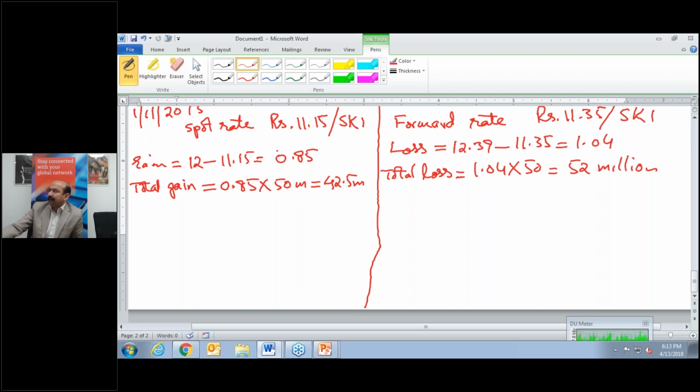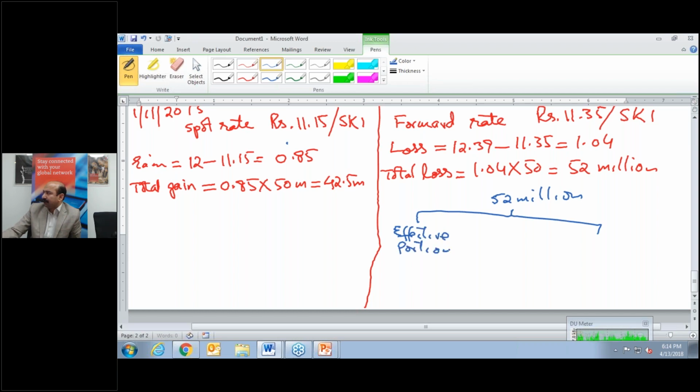But before that, on the same date, we can bifurcate this loss into the effective portion and the ineffective portion. As we know from our earlier discussion, this is the effective portion, 42.5 million.